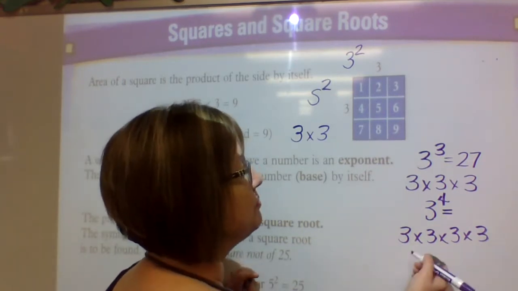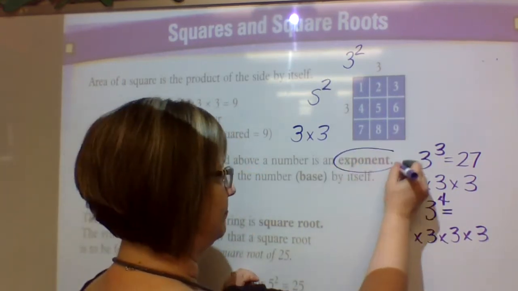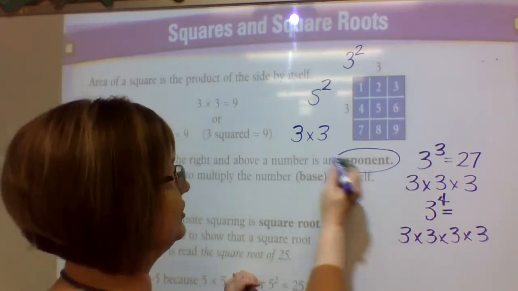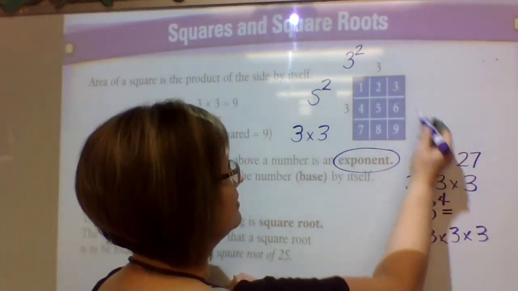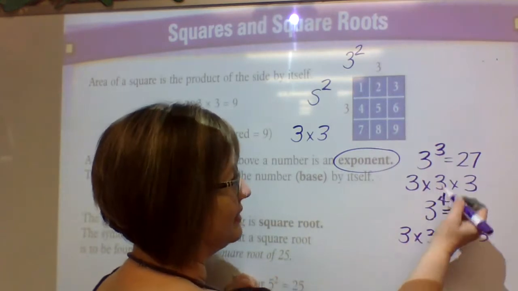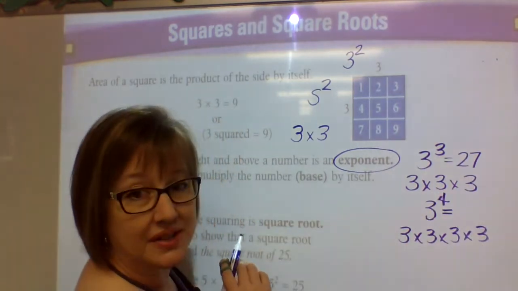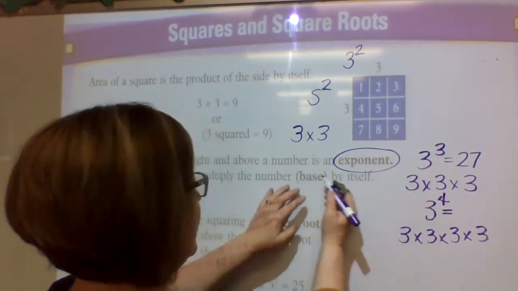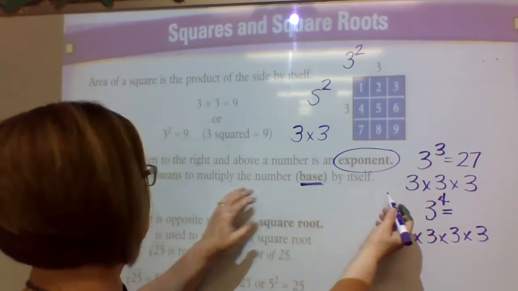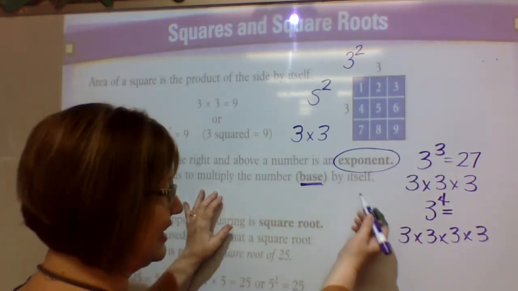We call these exponents. And this little 2 right here, this little 2 or this little 3 or this little 4 is called an exponent. And it just means you take the base number and you multiply it by itself.